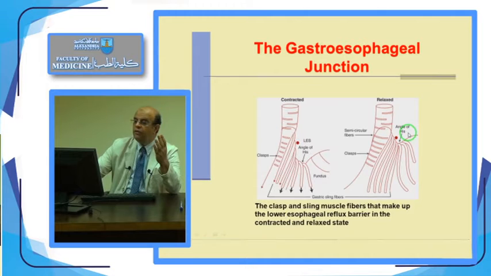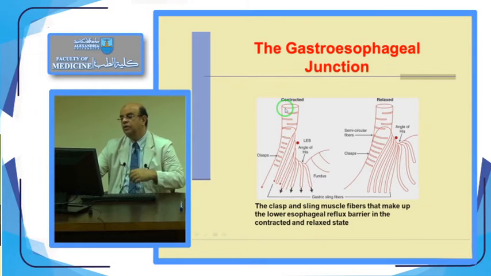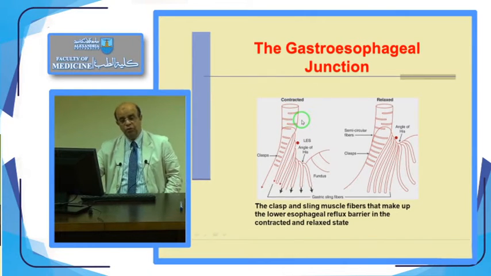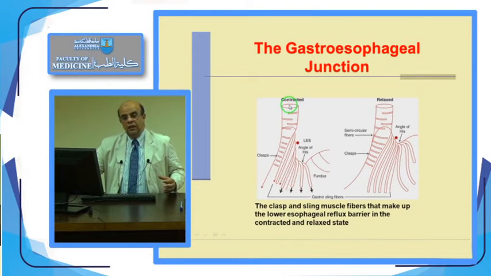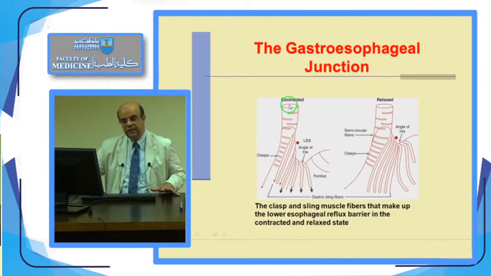Reflux means that the contents of the stomach may go upward in the esophagus, causing detrimental effect. If this is chronic and repeated, it causes a detrimental effect on the esophageal mucosa, which is stratified squamous epithelium, which is not prepared to sustain the detrimental effect of the acid, the enzymes, and the bile, if they go in the esophagus for a long time.